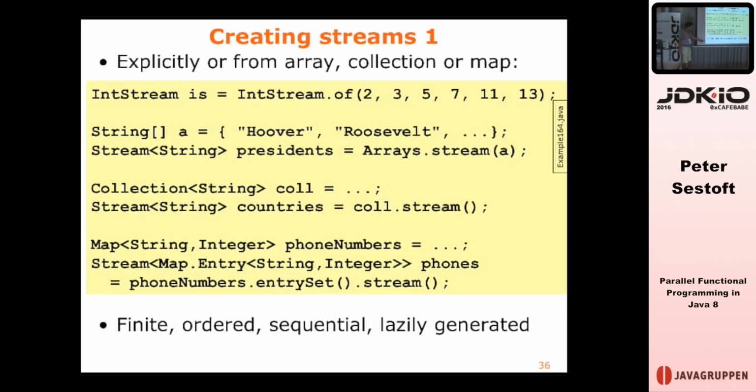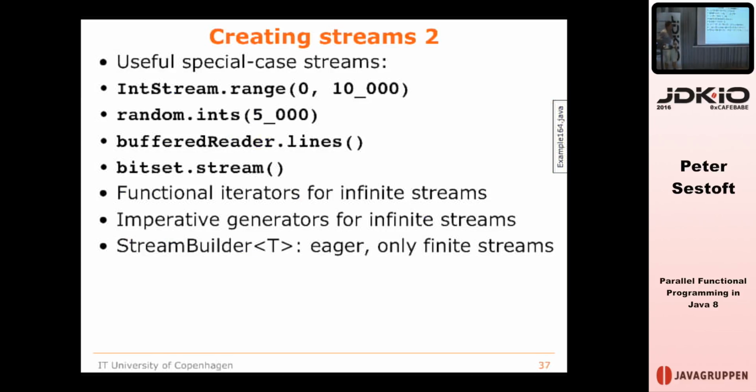So these create finite streams, all of these operations that are ordered, sequential, and lazily generated. If we have an array of 1 million elements, we don't materialize a stream of 1 million elements. Stream elements are generated from the array as they are needed. And then there are a bunch of special case streams. You already saw IntStream.range from something to something, which creates a stream of 10,000 integers starting with 0.